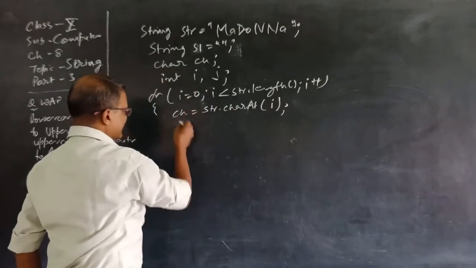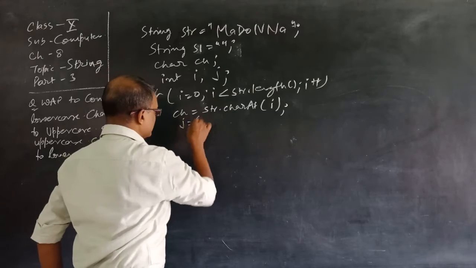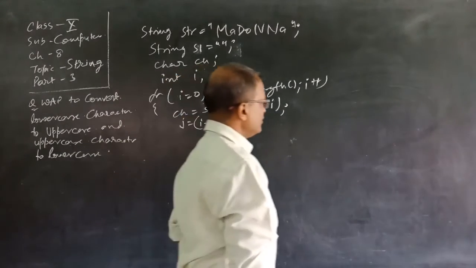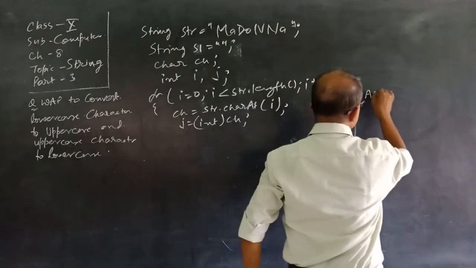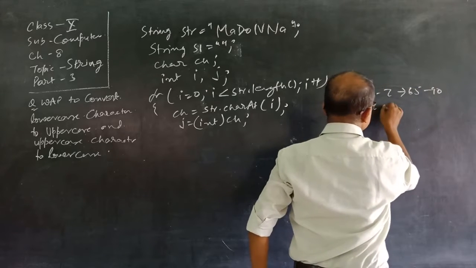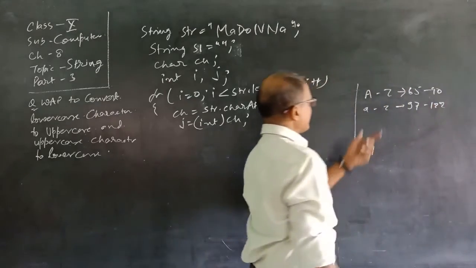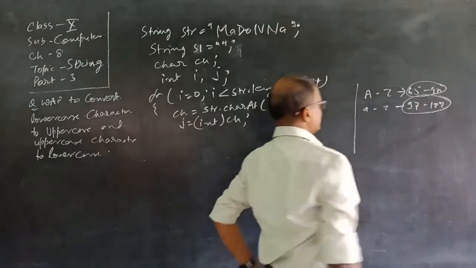Now convert this character into an integer to get the ASCII value. Suppose j equal to (int) ch. All of us know that the ASCII value ranges are: capital A to capital Z is 65 to 90, and small a to small z is 97 to 122. So we will apply the condition for uppercase like this and for lowercase this.